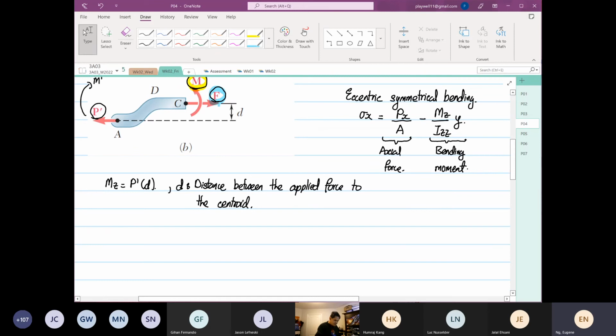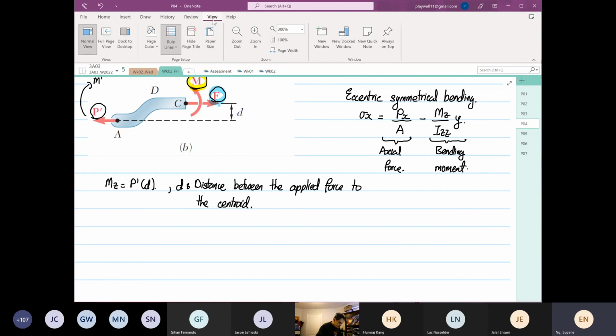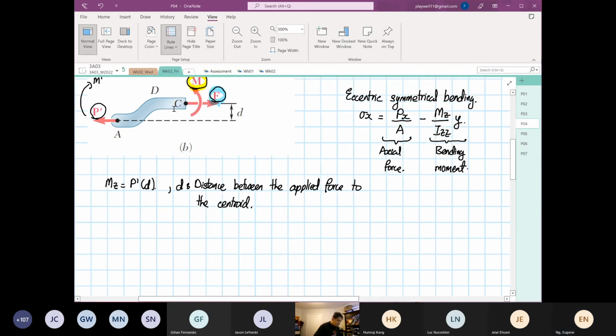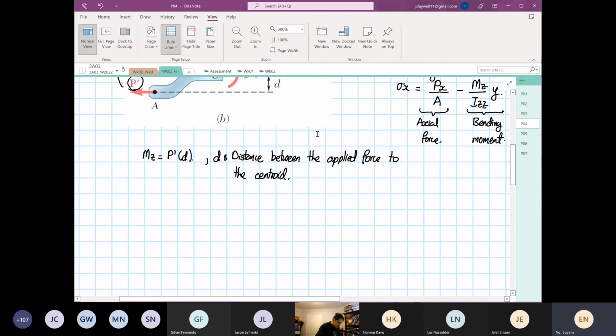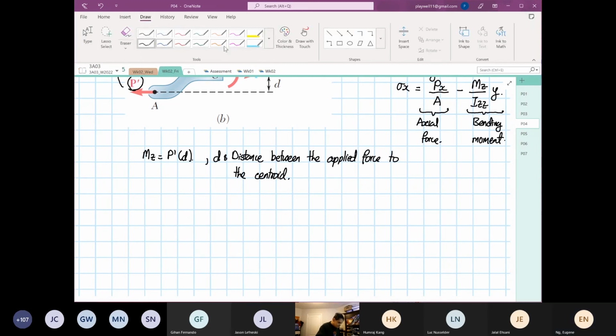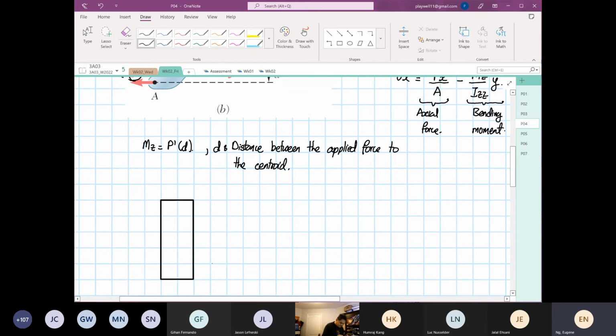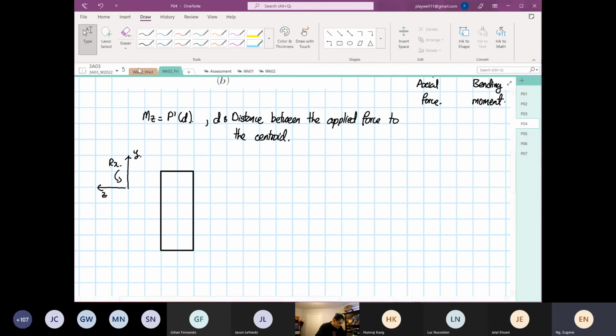So when we sketch this formula out, let's say we have a cross-sectional area. I'm going to draw. Let's say now we view this in a different orientation. Based on what I've drawn, this is now our y, and this is our Z, and this is rotation about X. Everything is relative.